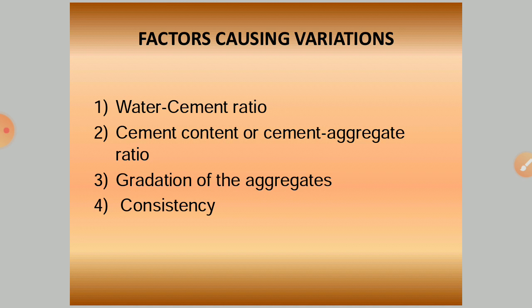To achieve this, we need good gradation of aggregate. We require minimum cement content. The water cement ratio is given in the IS code. What are the different ranges in IS 456 2000? Also the maximum cement content is given in the same IS code.